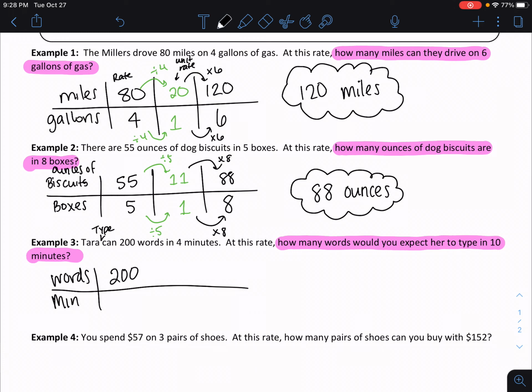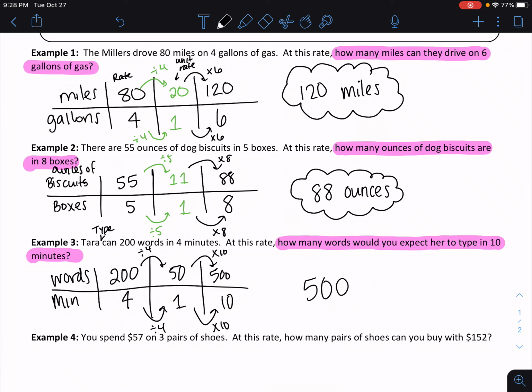I can do 200 words in 4 minutes. So how many can I do in 10 minutes? Well, if I divide by 4 to get to 1. Divide by 4, I get 50. And then I'm going to multiply by 10. And I get 500 words.